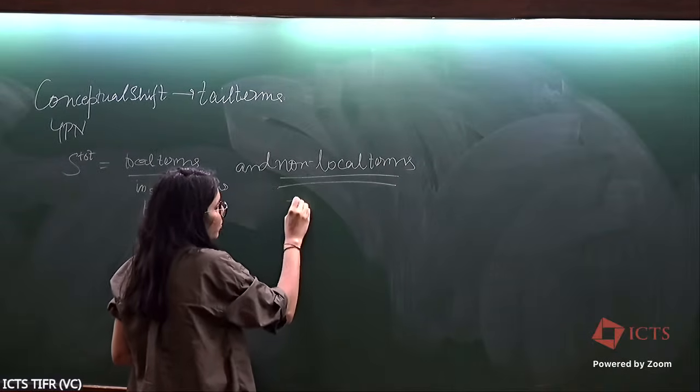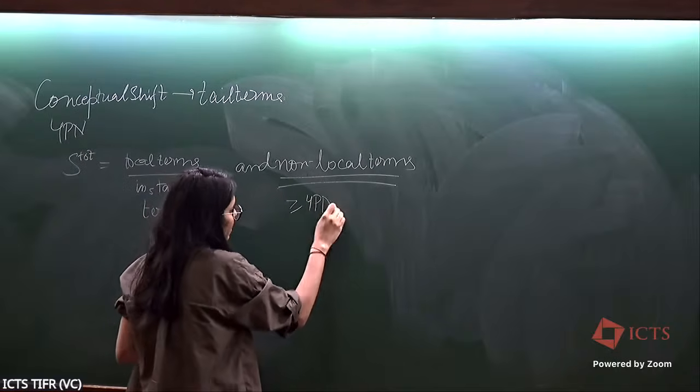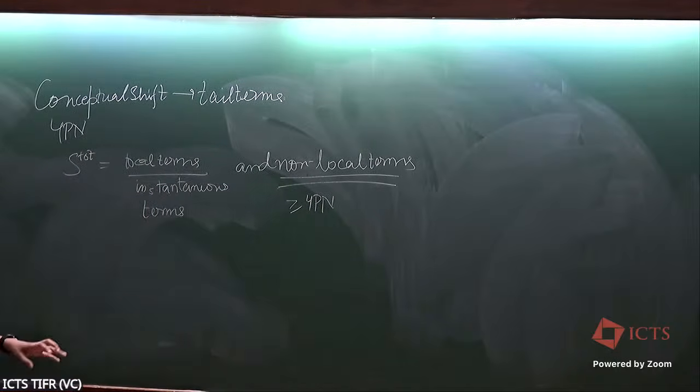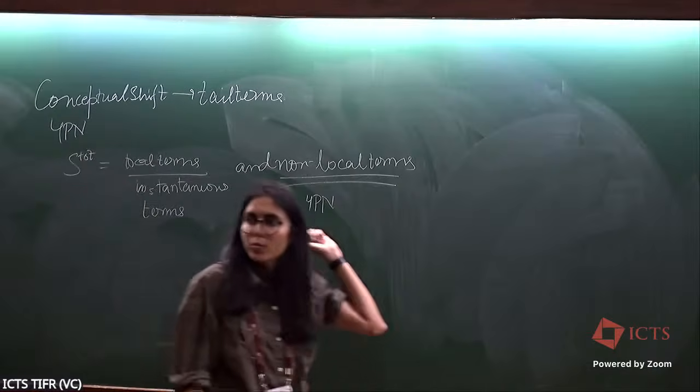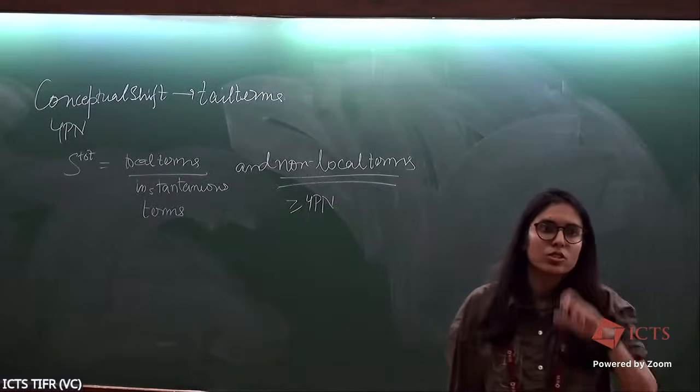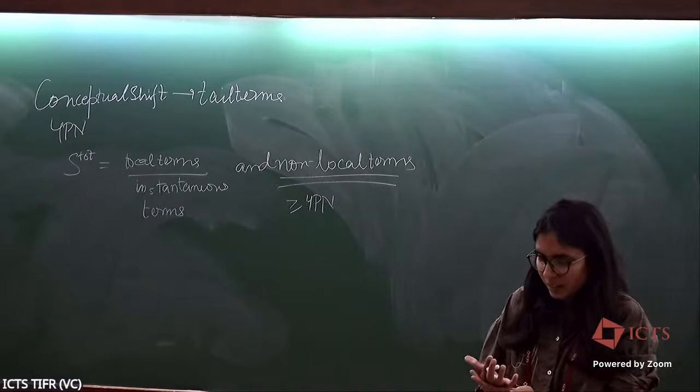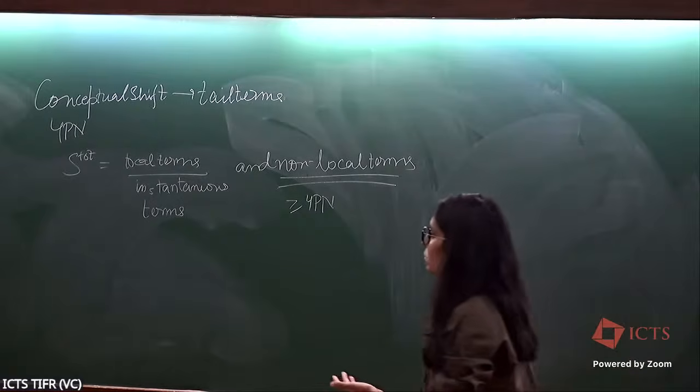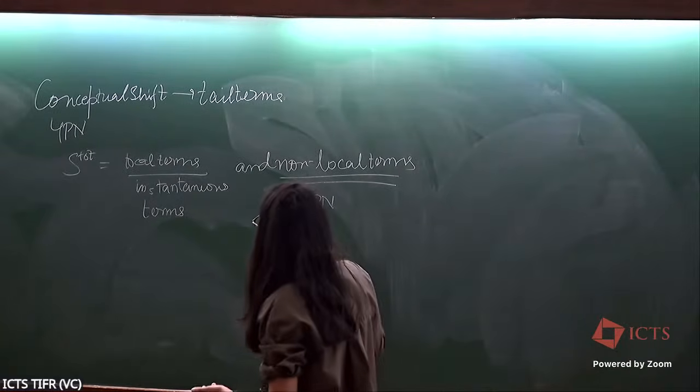Starting from greater than or equal to 4PN, they start entering. And I said these non-local terms are the problem, which are making the computations hard, and the brute force computations hard. So what can we do?